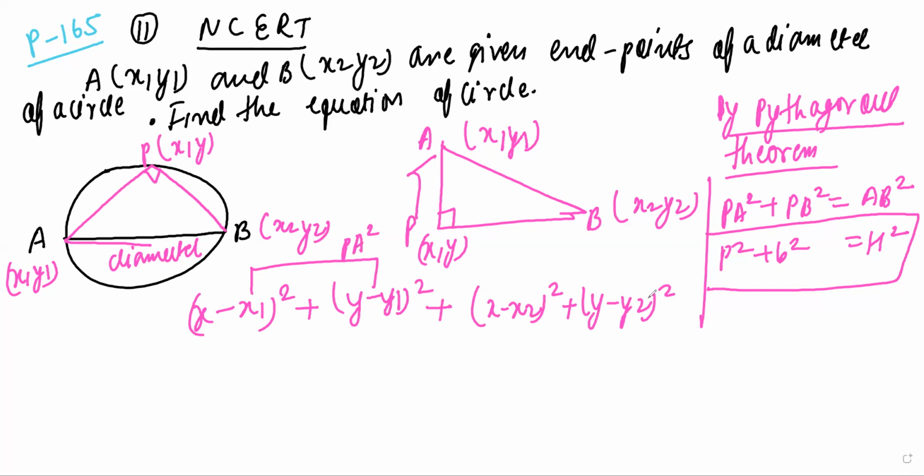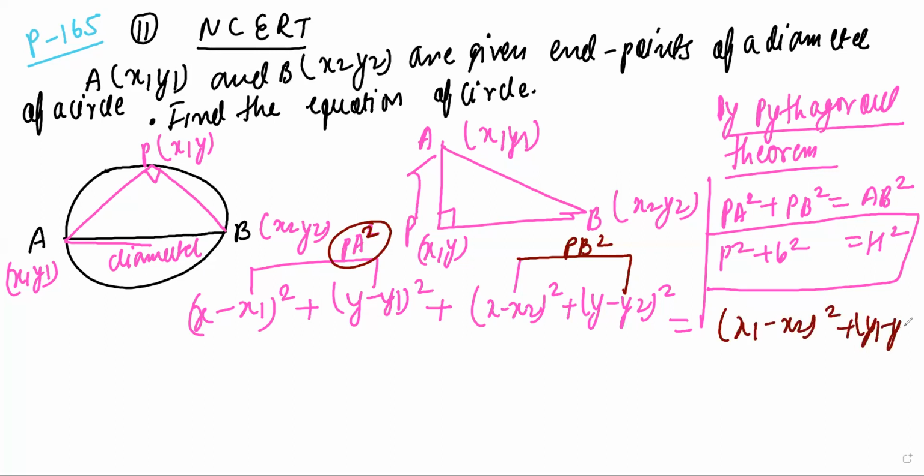Then PA square plus PB square is equal to AB square, so it will be x1 minus x2 whole square plus y1 minus y2 whole square. This part is AB whole square.